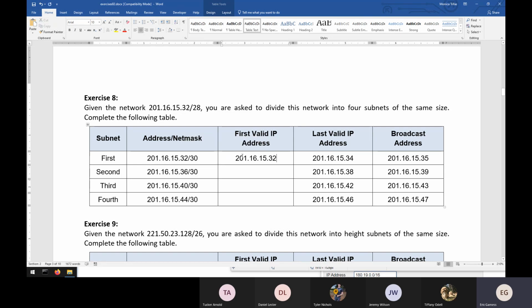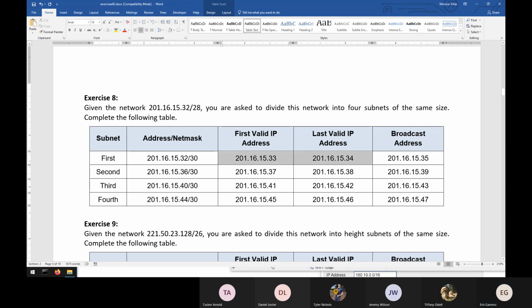After 32, I have 33. After 36, I have 37. After 40, 41. And after 44, 45.